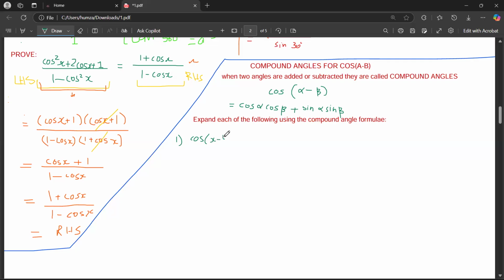Okay, for example, if I give you cos x minus y, we are going to write the pattern first, right? So notice this pattern: cos, cos, sin, sin. We have this question now: cos x and cos y.